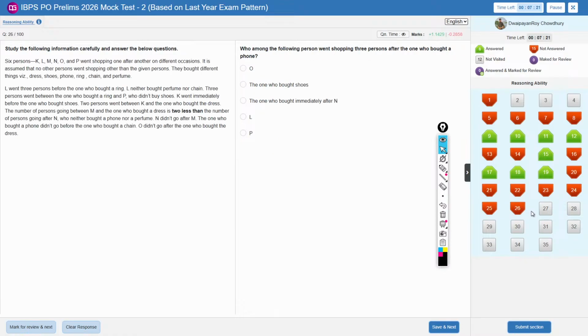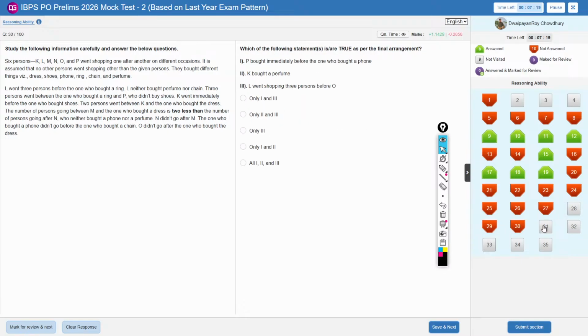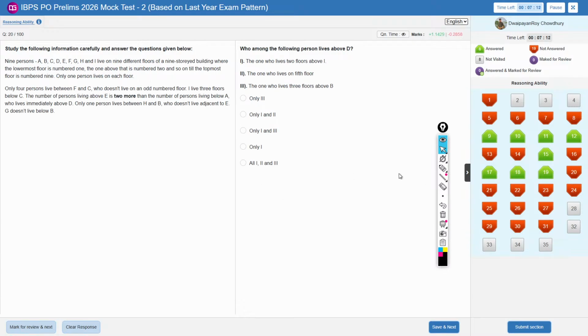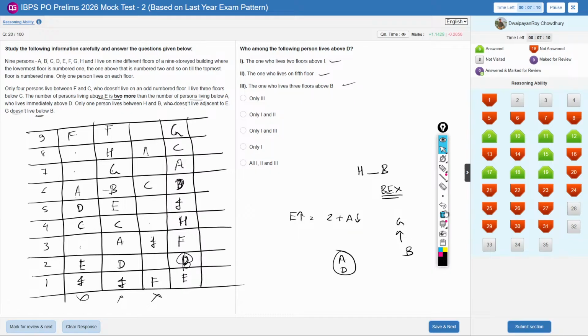Six persons standing one after another in a straight line. Okay, this is doable, but let me try this once again. I'll do it again.